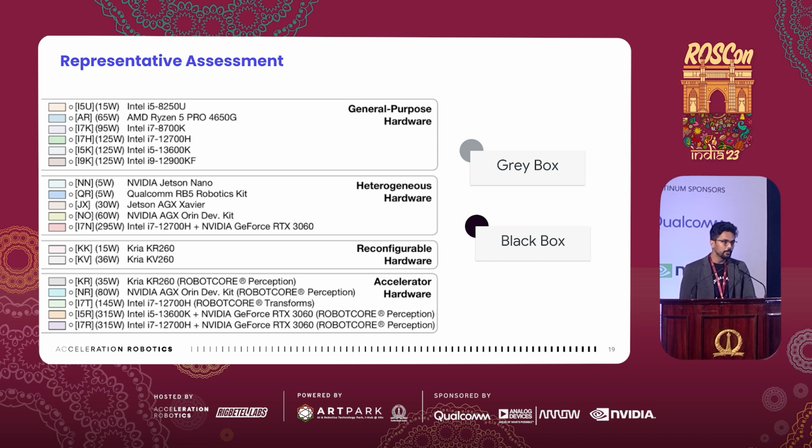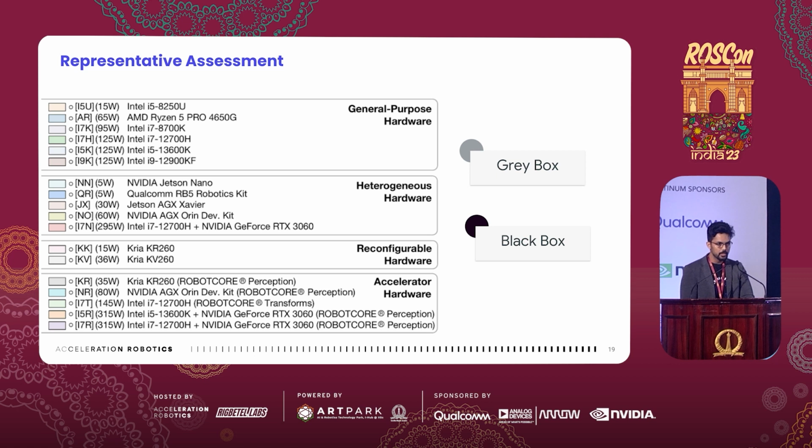Now, what did we do with regards to what was actually published in the paper that we are in the process of publishing? We've benchmarked 18 different platforms that you will see over here. The general categorization is general purpose hardware, which is essentially CPUs.